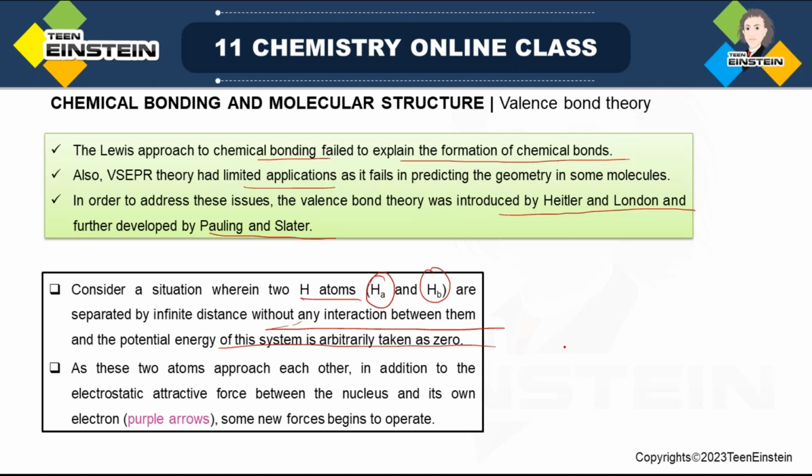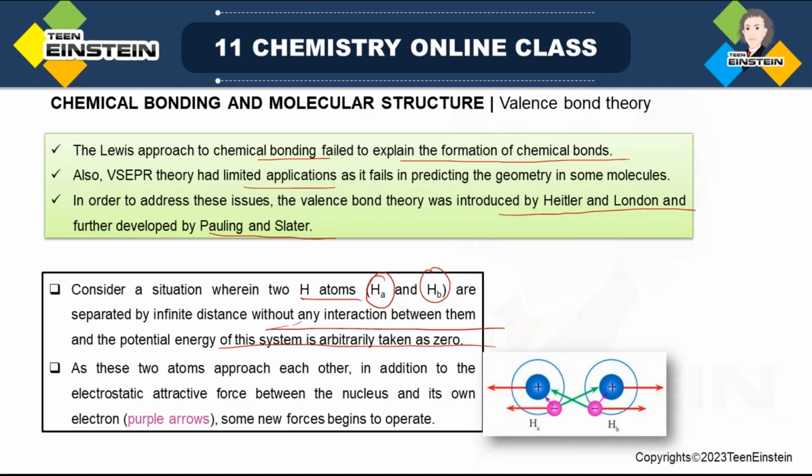Now, gradually you are bringing these two atoms close to each other. They are approaching each other. So what will happen when they approach each other? Remember, the hydrogen atom is the simplest atom possible. If you imagine this atom, in the center there is a nucleus with positive charge, and surrounding it there is a single electron, right?